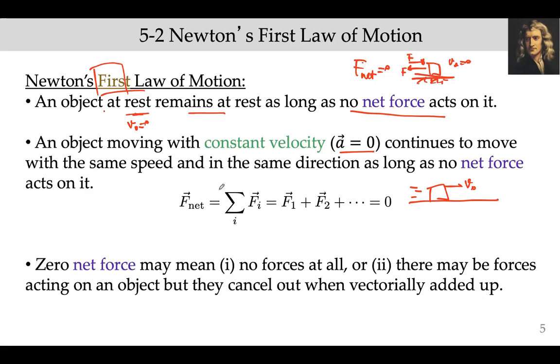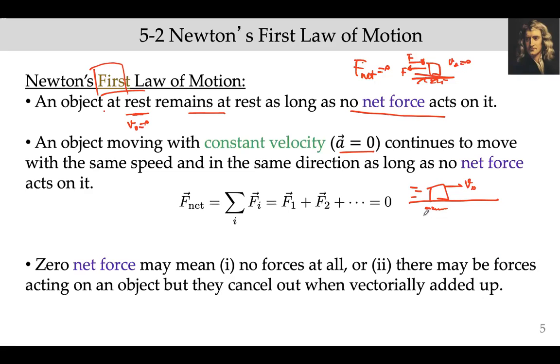This may be a little bit counterintuitive because in real life, if an object is sliding, you know that it's going to stop at some point. But that's because there is usually, actually almost always, friction between the object and the ground. Or if it's in the air, there's going to be some air resistance. So that's why it's actually stopping. But if you ignore the friction and the air resistance, the object actually moves forever in the same direction with the same speed.